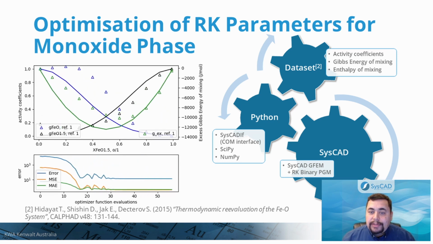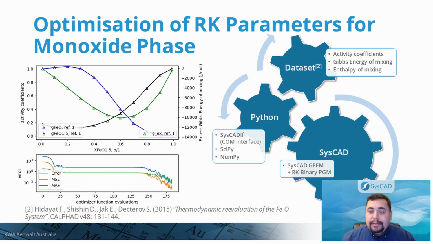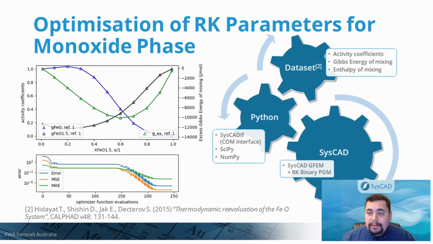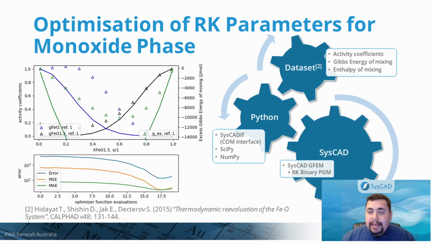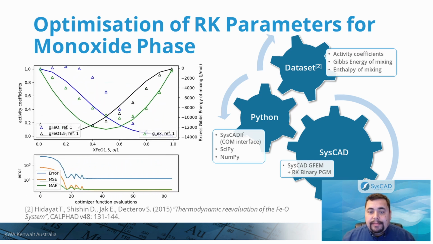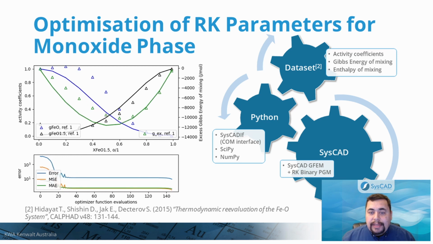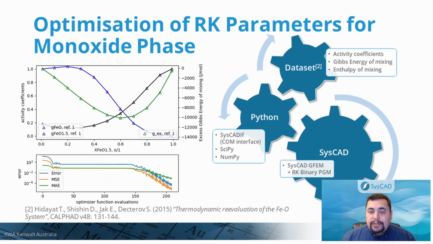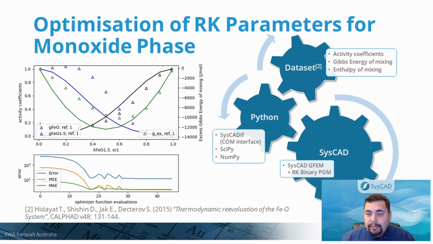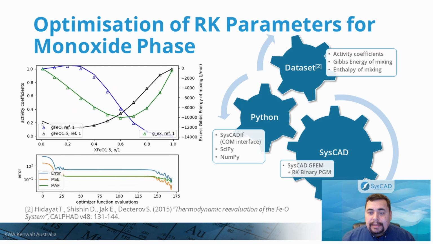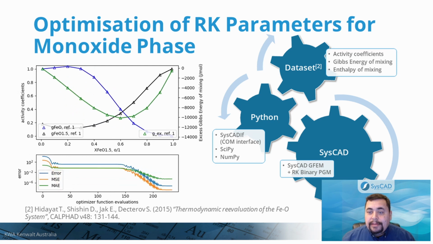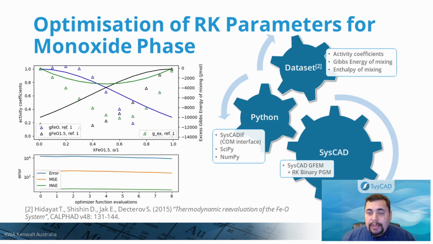In this case, we're using the SysCAD Gibbs Free Energy Minimisation reactor with the binary RK model, which starts at some initial guess. We use 3 datasets corresponding to activity coefficients for each of the 2 end members of the monoxide solution, plus the excess Gibbs energy of mixing as targets to be optimized.